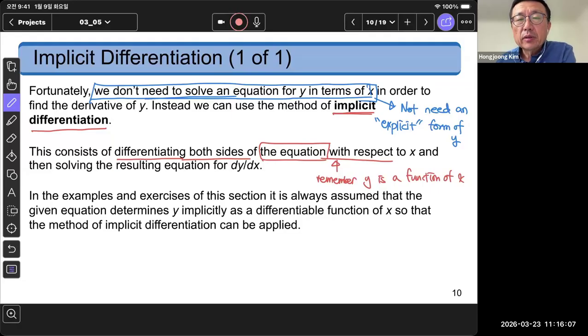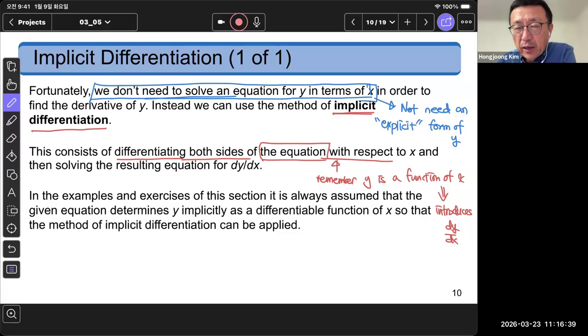Okay, so when y is differentiated in x, that differentiation will introduce a dy dx. So when you differentiate both sides of the equation with respect to x, some terms, especially those having y, will introduce a dy dx.